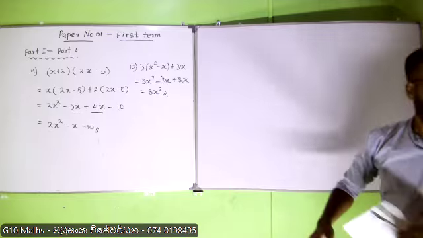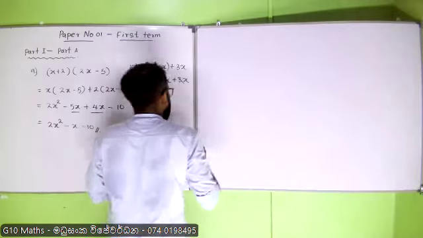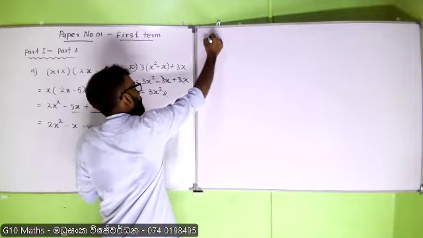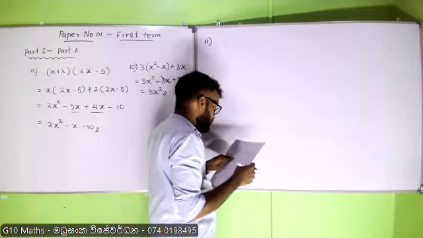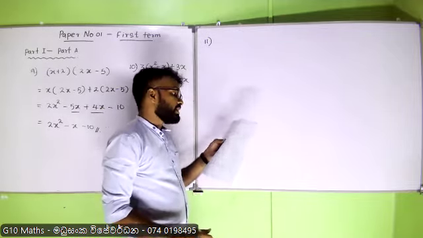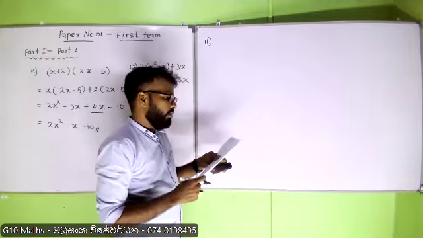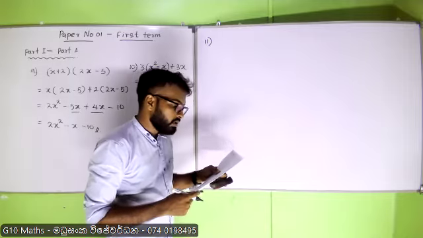Right. So the 11th question. A motorcycle takes 2.5 hours to travel 150 kilometers at a uniform speed. Find the speed of the motorcycle.